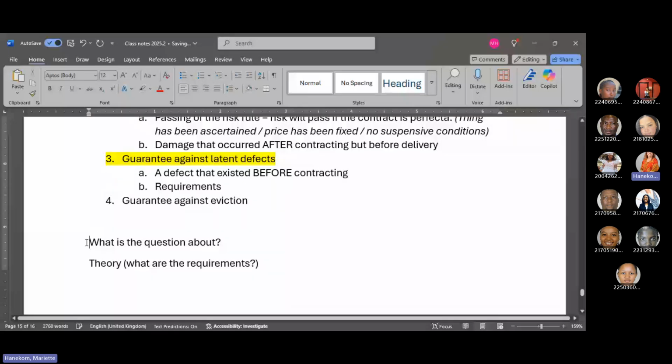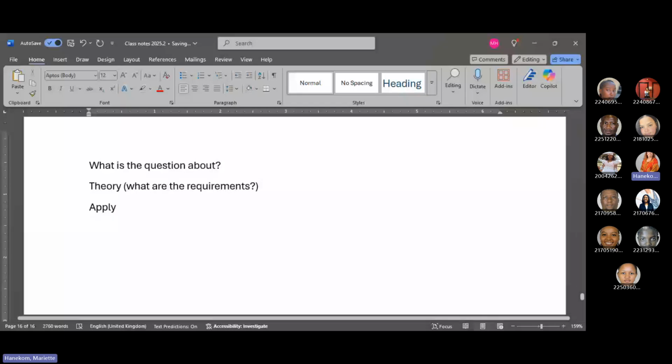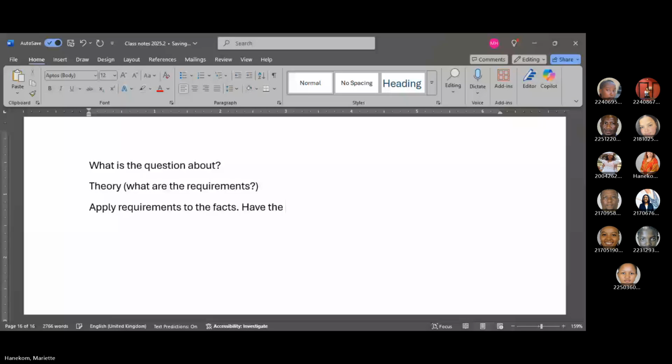Then you start applying. You apply the requirements to the facts. Have the requirements been met? Which will then give you a conclusion.